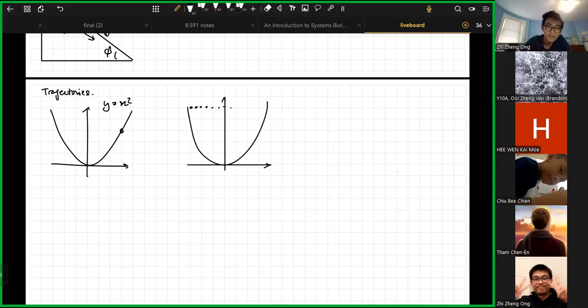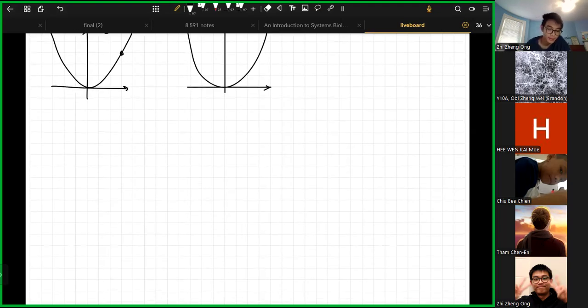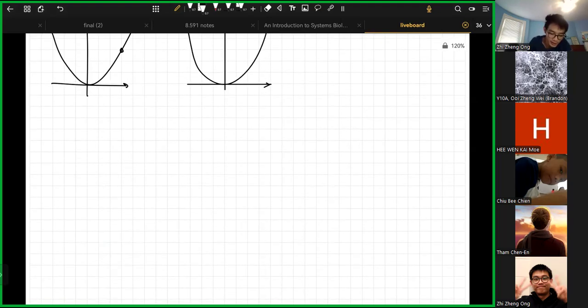So a common trajectory that you'll see is projectile motion. So let's derive projectile motion. Suppose you have a projectile starting at the origin, gets fired with speed v naught at angle theta, in the presence of gravity g.